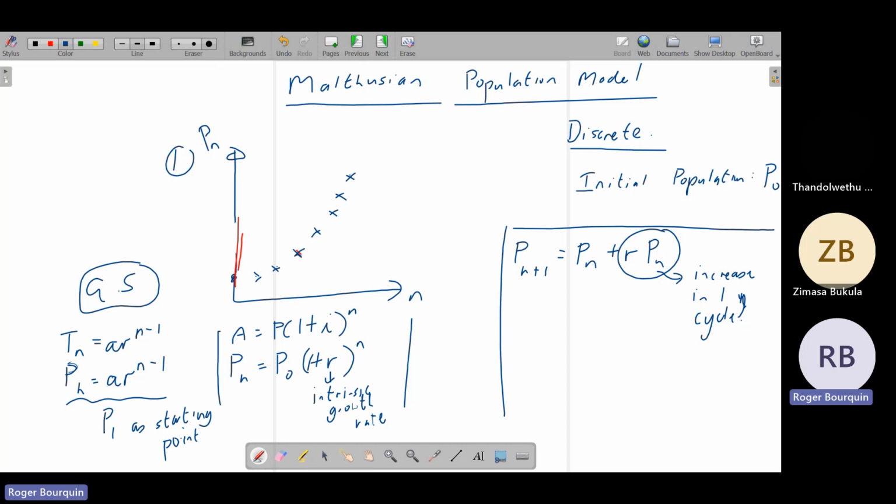But actually, some populations do work this way. It depends what you're looking at and what's going on. It wasn't a bad expectation. Malthus generally looked at humans, and he said food growth is predicted to be linear. And what that means is that at some point, population growth is going to outgrow food supply.